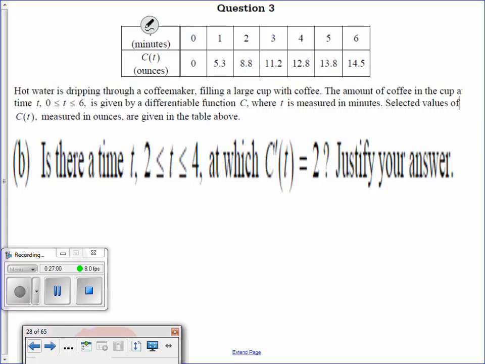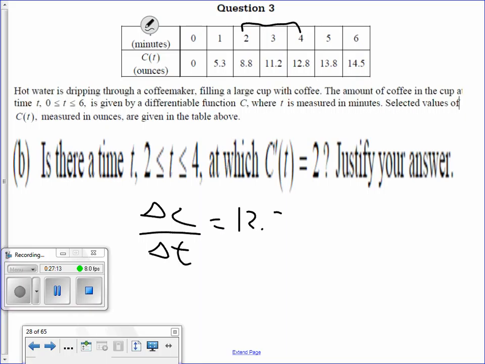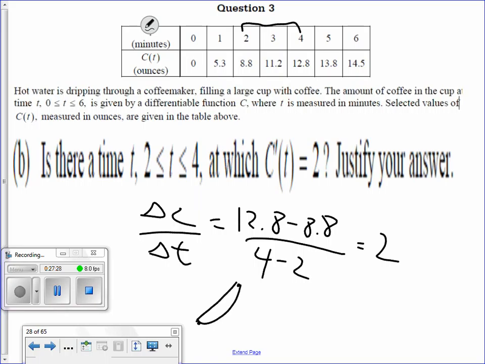Between 2 and 4. So what you do is you find the slope, the average rate of change between 2 and 4. Okay? So if you find delta C over delta T, it's 12.8 minus 8.8 over 4 minus 2. And if you do this, it's 4 over 2, which is 2. Now, you just found out between those 2 points, the average slope, the slope of the secant, equals 2.